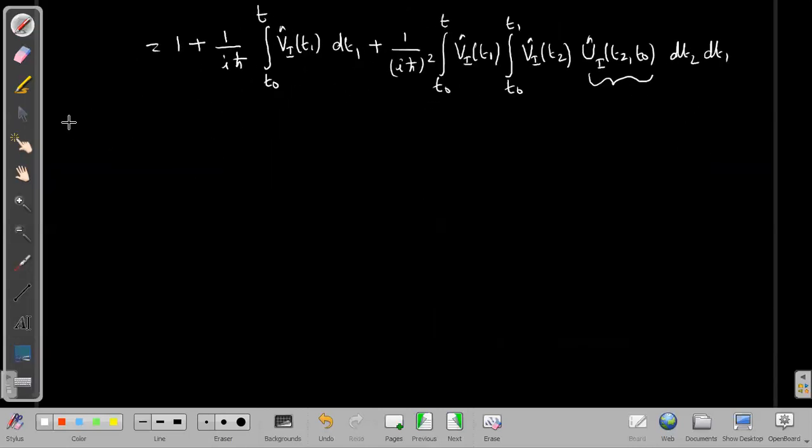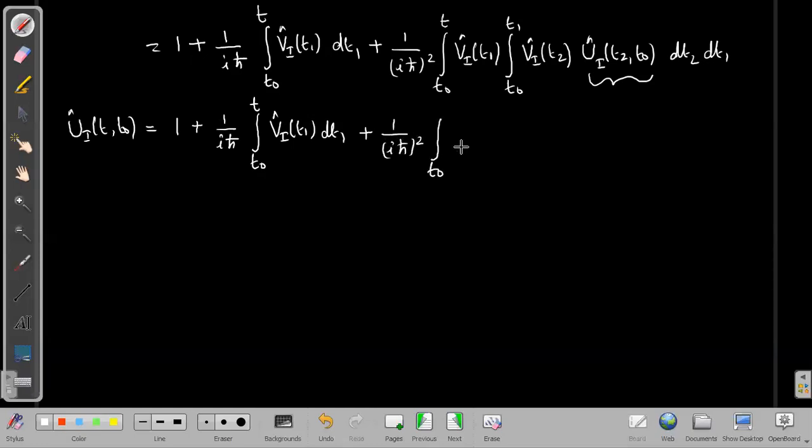So in the next stage, again UI(t, t0), the first term is 1 plus 1 by iħ times the integral t0 to t of VI(t1) dt1, plus 1 by (iħ) squared times the integral t0 to t of VI(t1) times the integral t0 to t1 of VI(t2).